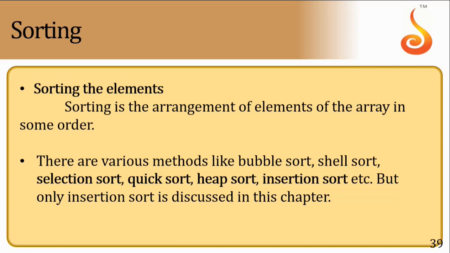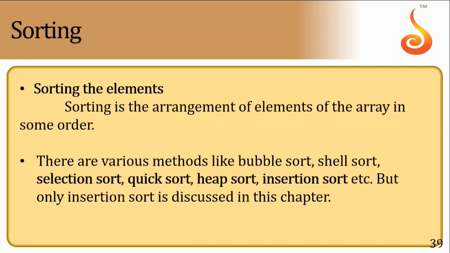Then we did insertion of an element into an array at a given location, deletion of an element from an array at a given location. Then we did searching. Searching is nothing but searching for an element in the list, that is whether the element is present in the list or not. And then we did two searching techniques, which are linear search and binary search.